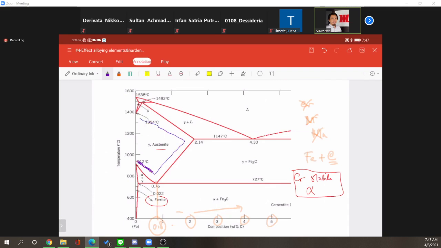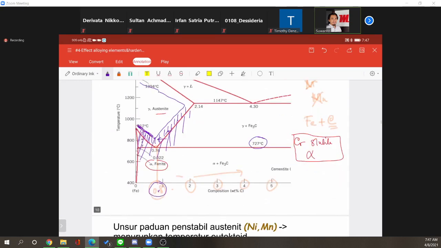It means that the eutectoid point is not at 0.8 anymore because it shifted to the left, and the eutectoid temperature is not 727 anymore, but will be increased. Why? Because the area of alpha is now increasing. This is the meaning of ferritic stabilizer. So the ferrite area will increase.